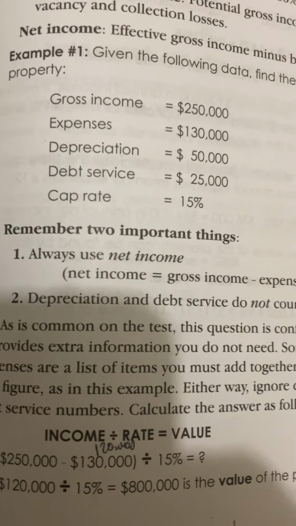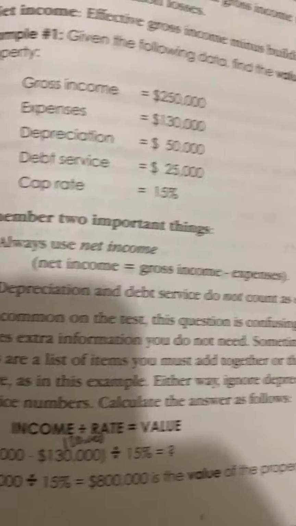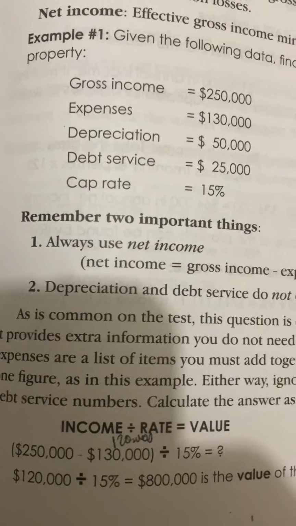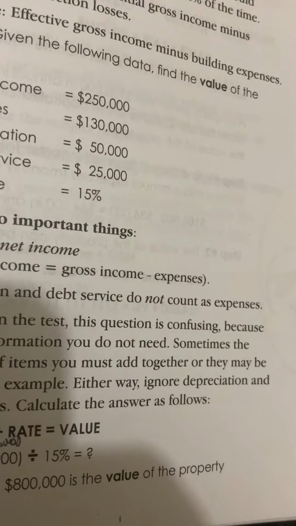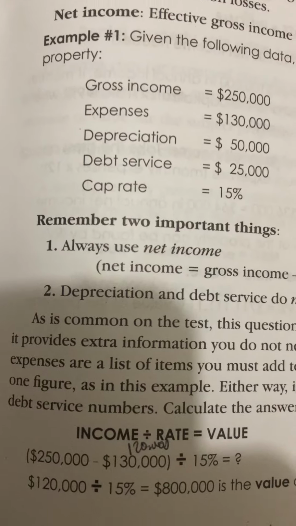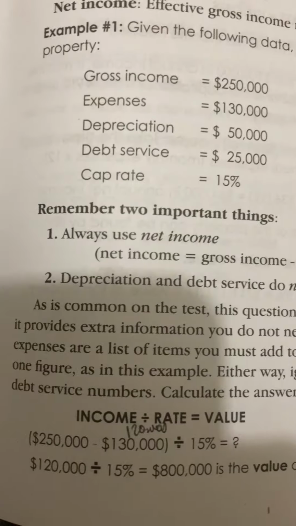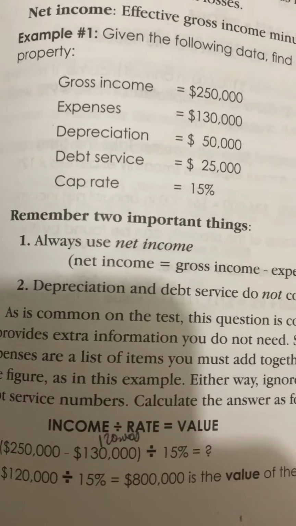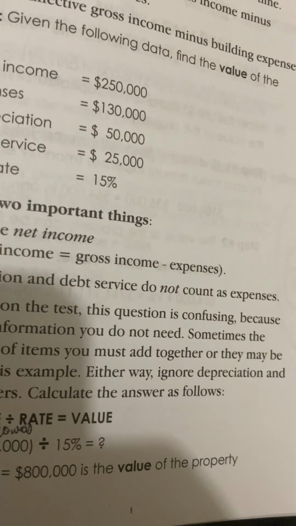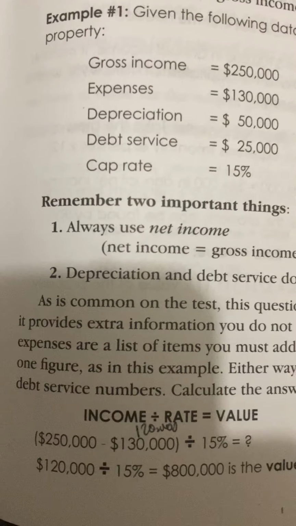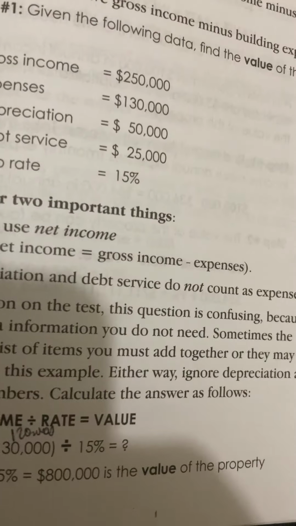As is common on the test, this question is confusing because it provides extra information you do not need. Sometimes the expenses are a list of items you must add together, or they may be one figure, as in this example. Either way, ignore depreciation and debt service numbers. Calculate the answer as follows.